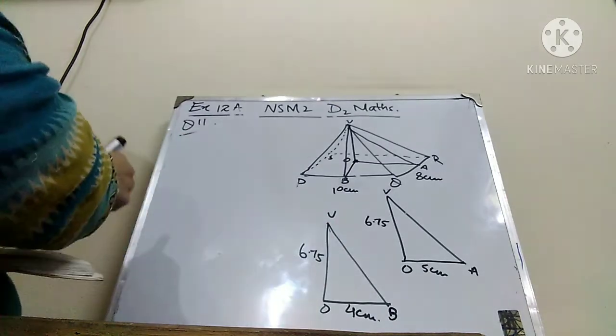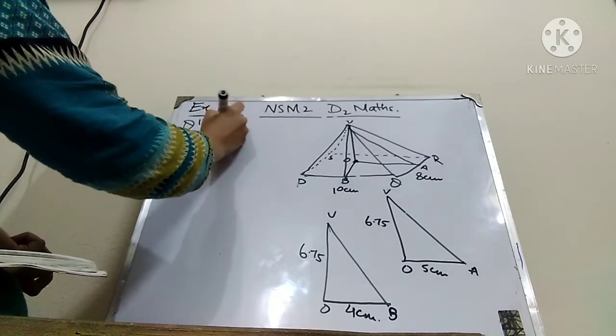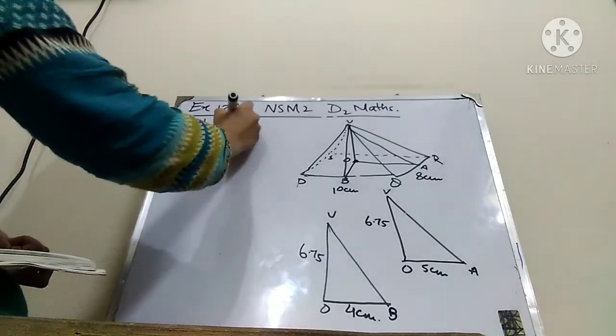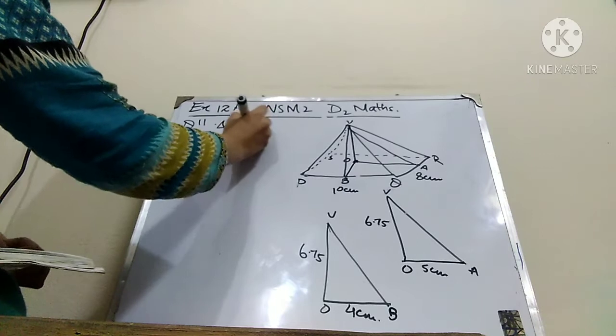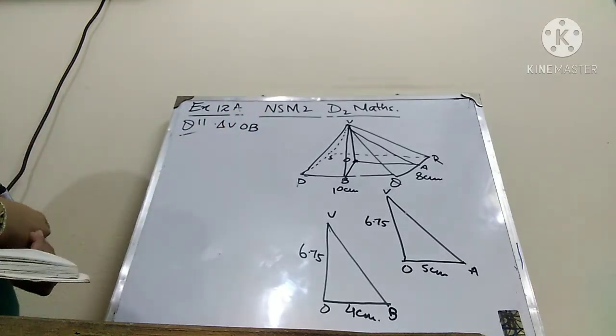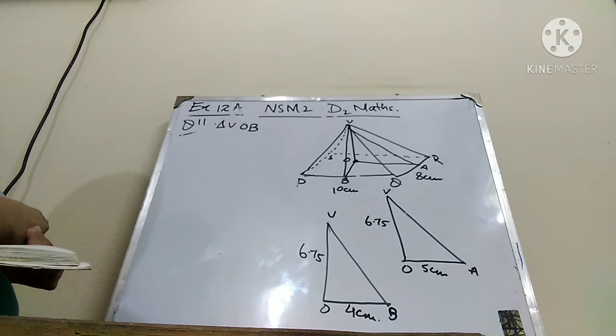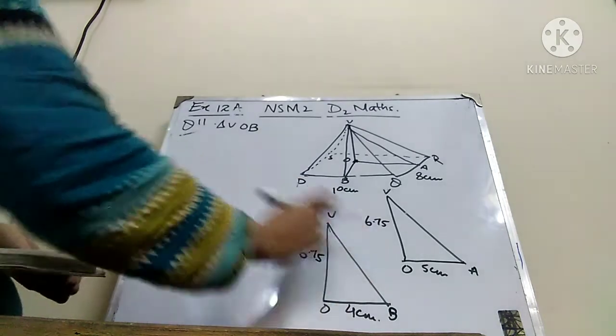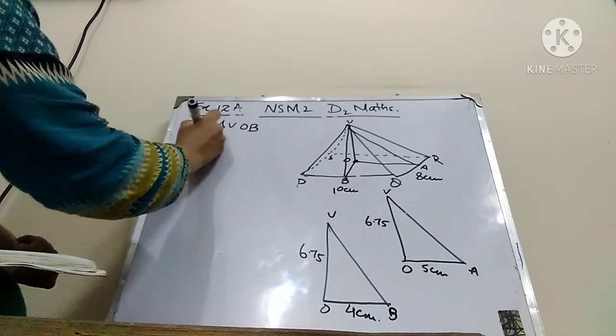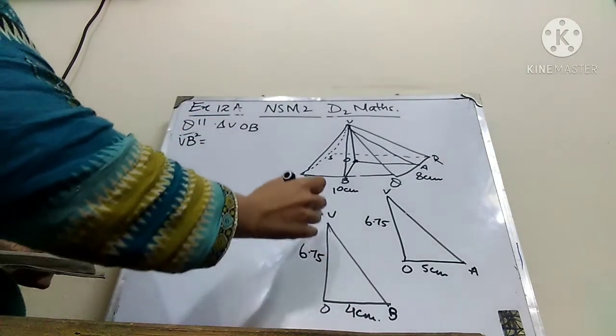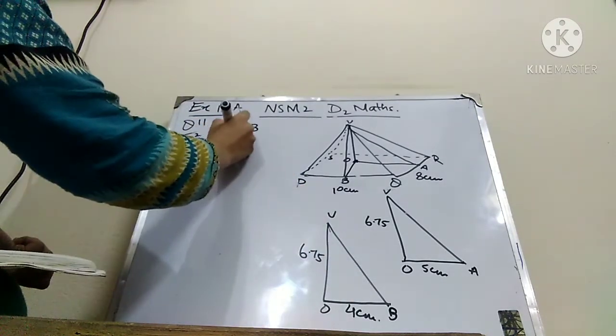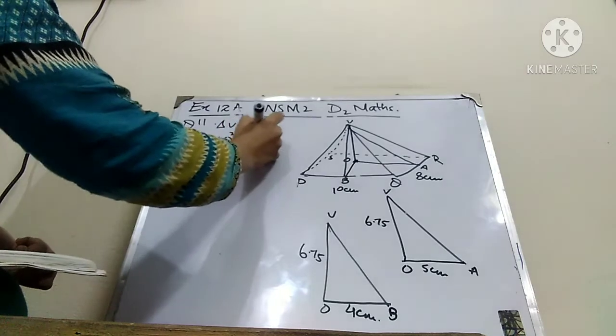First, I will take this right angle triangle, which is VOB. As you know, the Pythagoras theorem says the square of the third side is equal to the sum of the squares of the other two sides. So VB square is equal to VO square plus OB square.